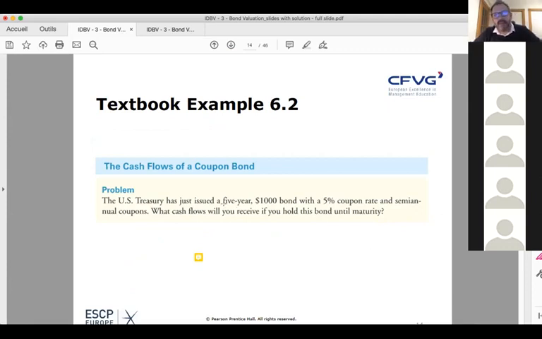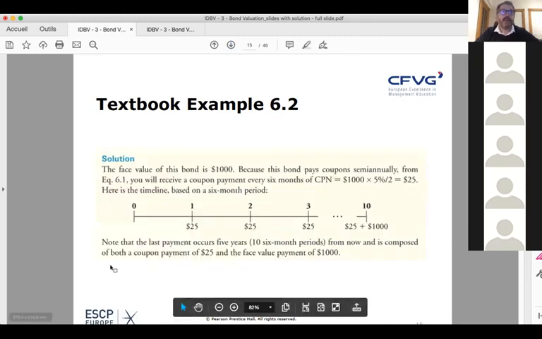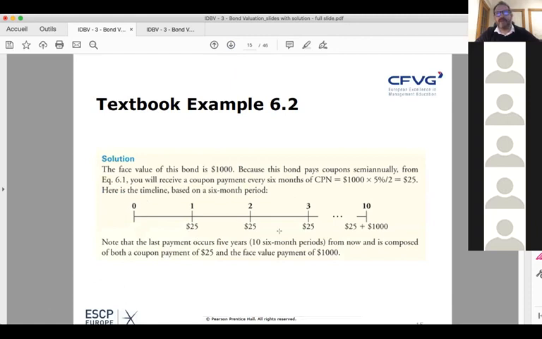And because it's 5 years, but semi-annual, you can say that there are 10 semi-annual coupons that are paid, okay? So if we want to summarize the cash flows that you will receive if you hold the bond until maturity, then at date 0, you will pay something, and then you will receive 25, 25, 25, 25, 10 times every 6 months.